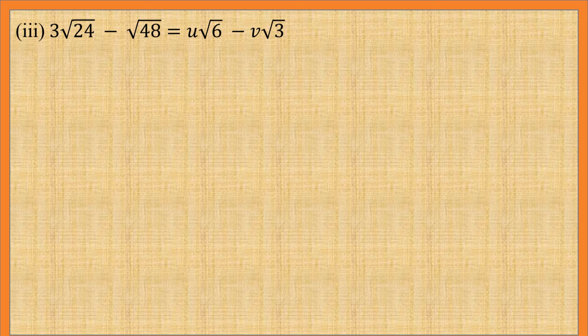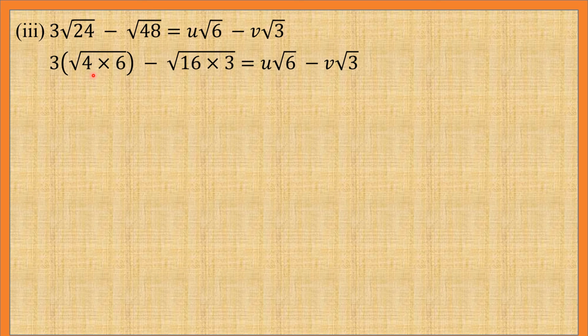So simplifying, we'll have 3 by square root of 4 by root of 6, that is the 24. Then the 48 will be square root of 16 by 3, which is equal to u root of 6 minus v root of 3.